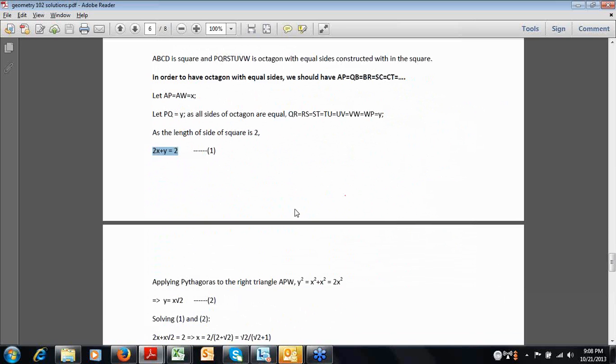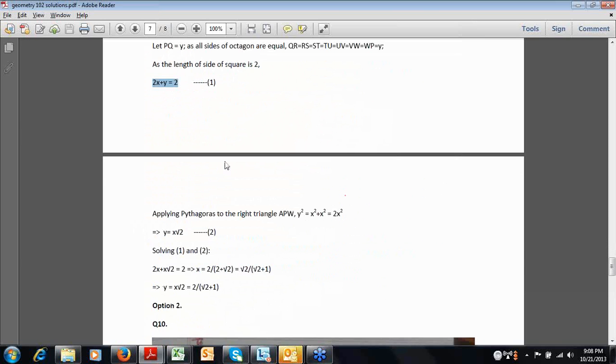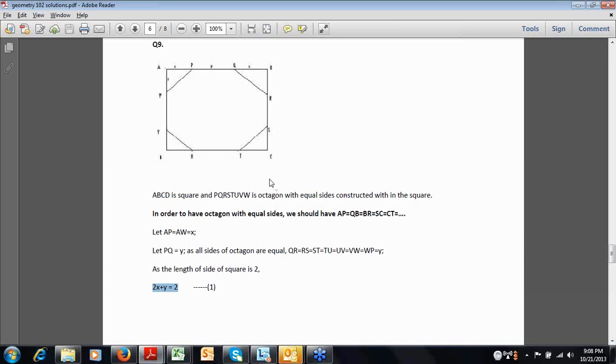Now if you see the triangle APW, y square is equal to x square plus x square, because it's an octagon, so y will be equal to this value also, this is also y, this is also y, this is also y, this is also y. So in this way we can find the value of y as well.